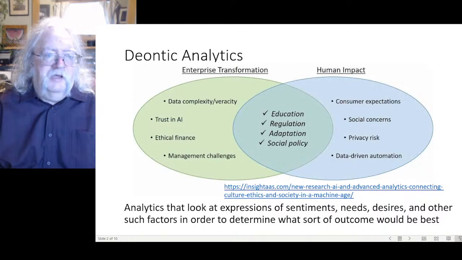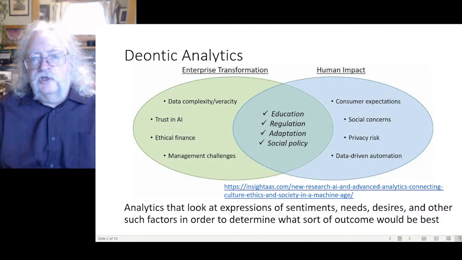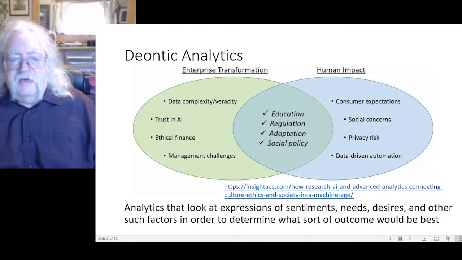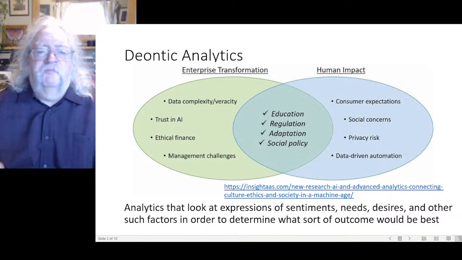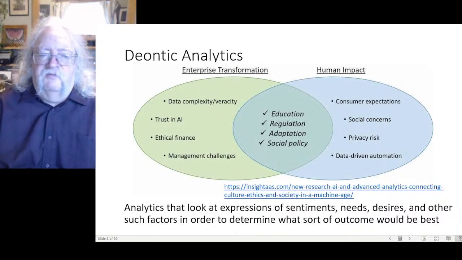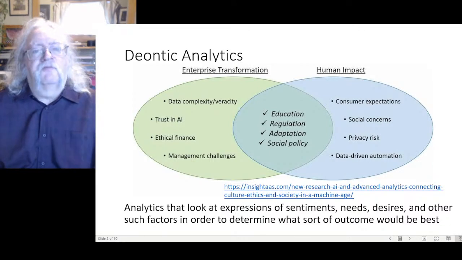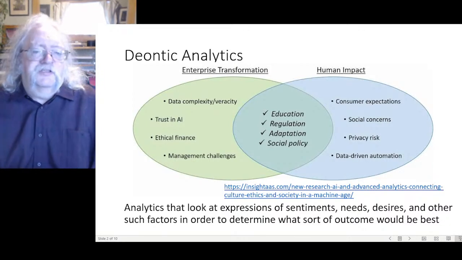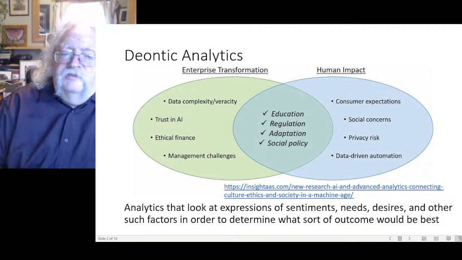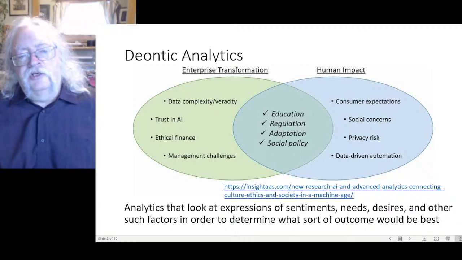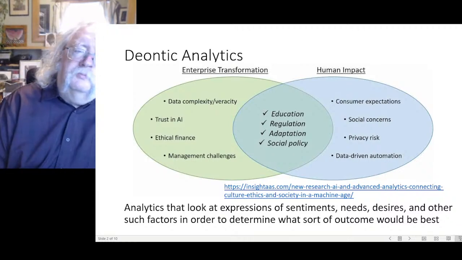Here, for example, we have enterprise transformation and human impact. This would be in some sort of production or office kind of environment. And the sorts of recommendations that come out of the system are recommendations about education, regulation, adaptation, social policy.